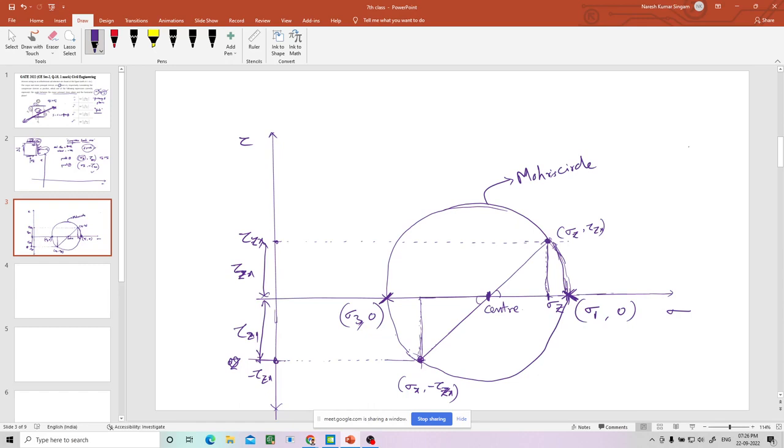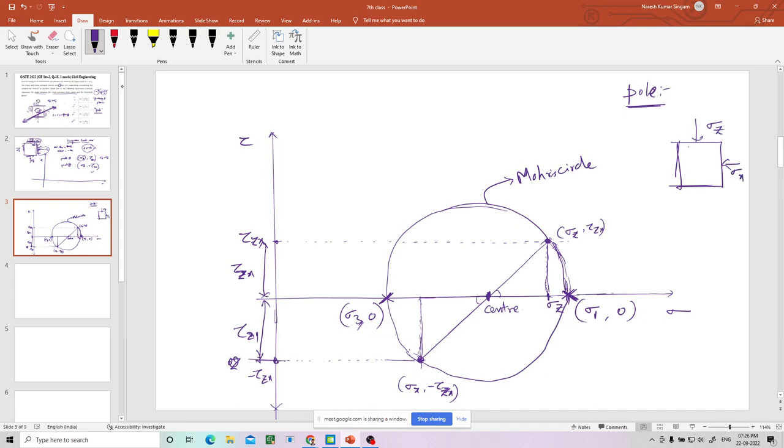What is the concept of pole? What are the instructions? You have to draw the lines at the same angle. If you see the given element, this is sigma z and this is sigma x, right?